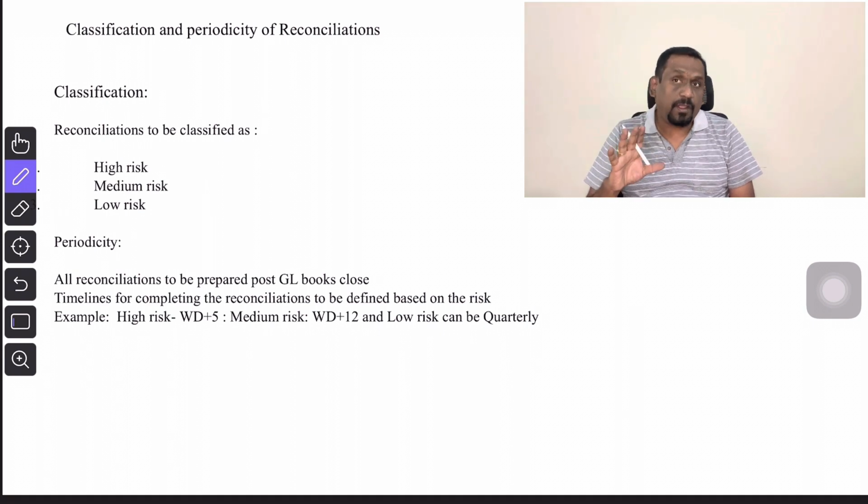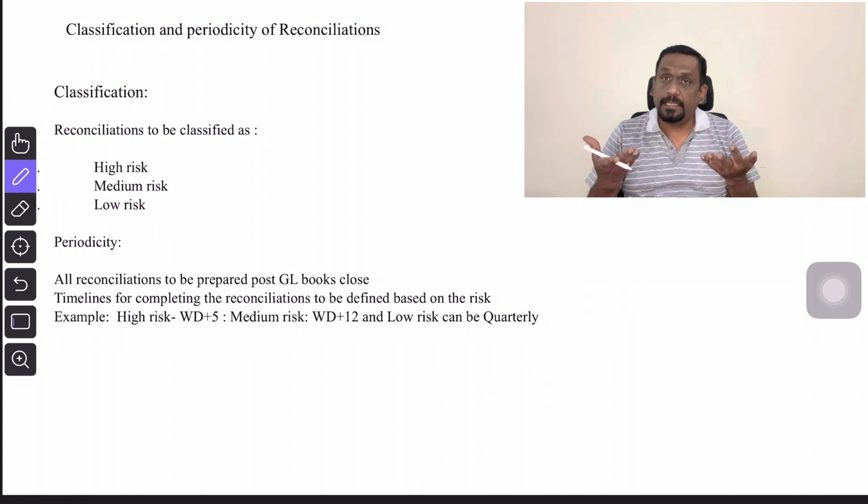They look at the dollar value of those accounts, the closing balance of those accounts, and decide whether each account can be classified as high risk, medium risk, or low risk. They need to go through that dollar value and the number of transactions being posted and decide which risk category it comes under. It will be completely decided by the respective finance executives.